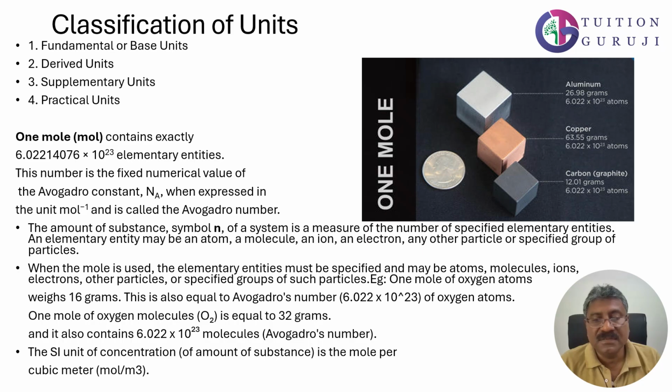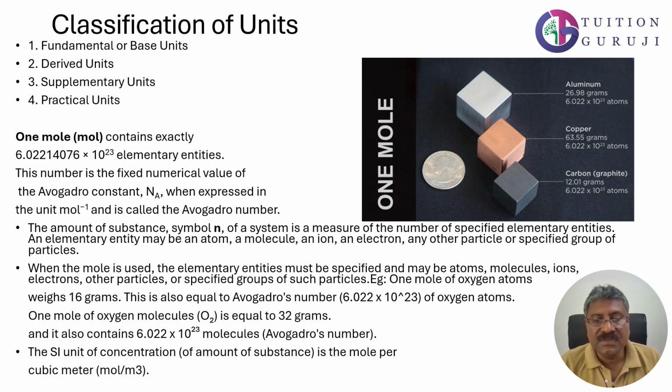It will change, because it can be an atom, molecule, ion or electron, as I mentioned earlier. It changes as per the situation. So when the mole is used, the elementary entities must be specified, because you should specifically say whether it is an atom, molecule or ion. Then only it will be clear.